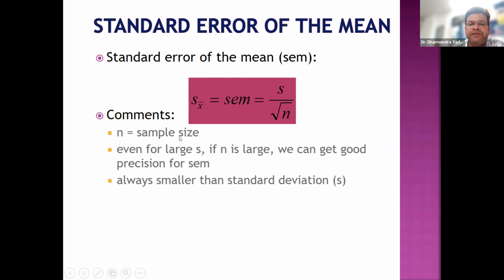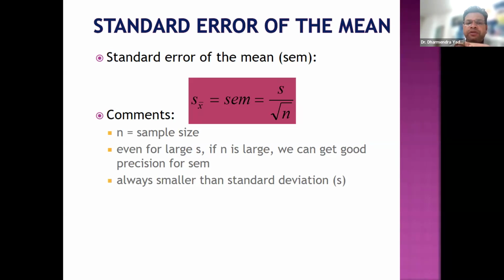When n is large, we can get good precision for the standard error. A smaller standard error is always preferred for our inference purpose.